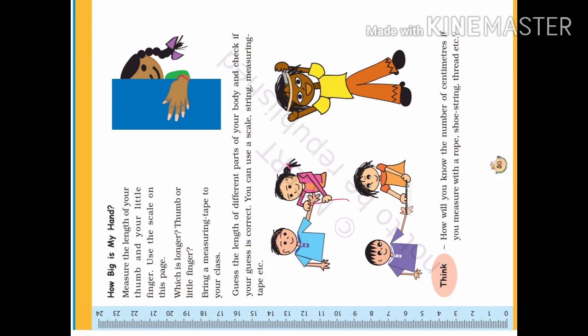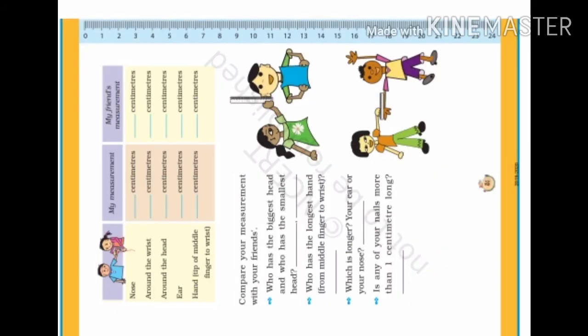And also, see here, you have to measure your nose, around the wrist, around the head, your ear, hand, and then find out how long it is by using your measuring scale.